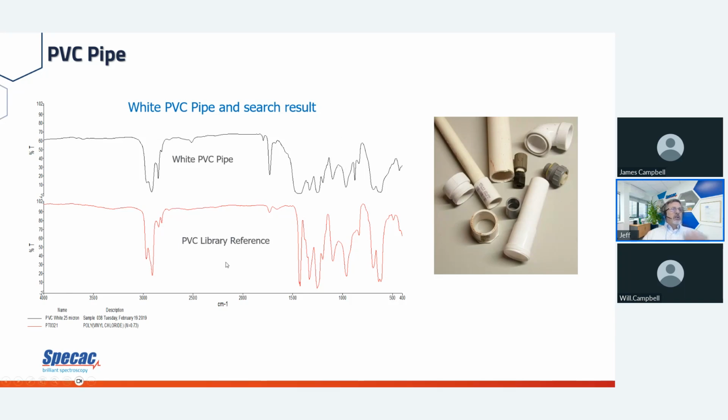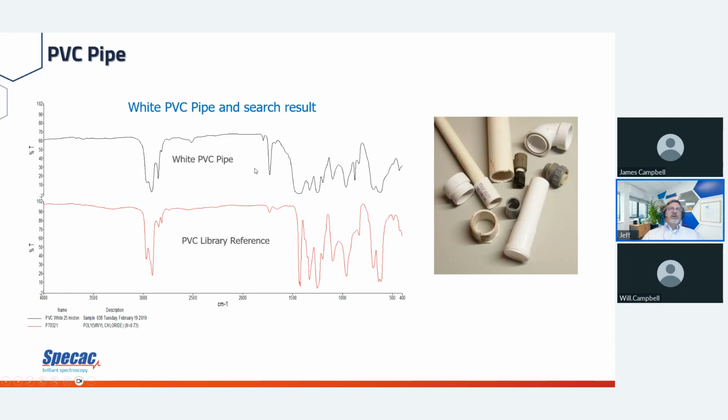I did a search of the PVC library, and it came up with PVC. Now, they don't look exactly alike, because I ask this question when I do my other seminars. Why is that? It's because there's a lot of things in here. This is pure polyvinyl chloride. This is not.